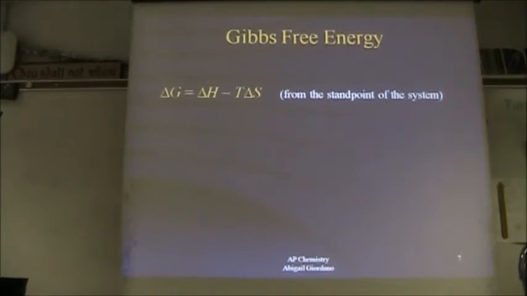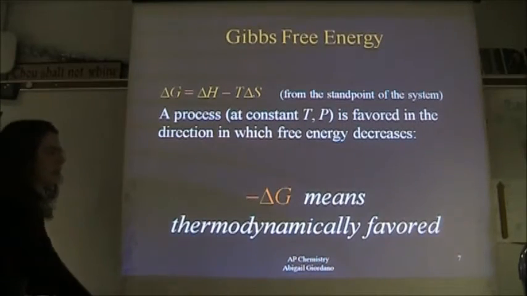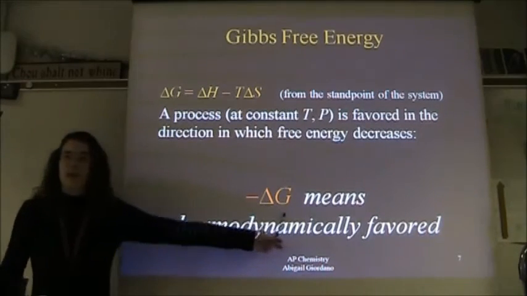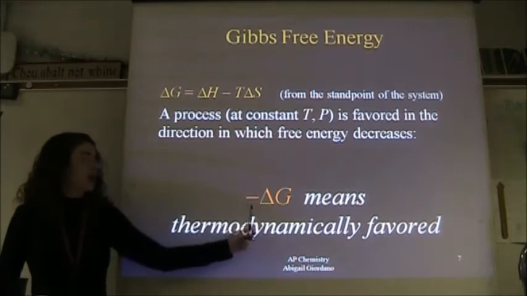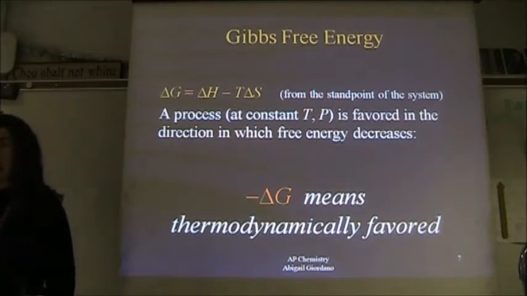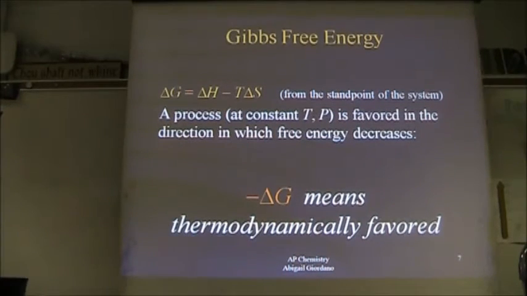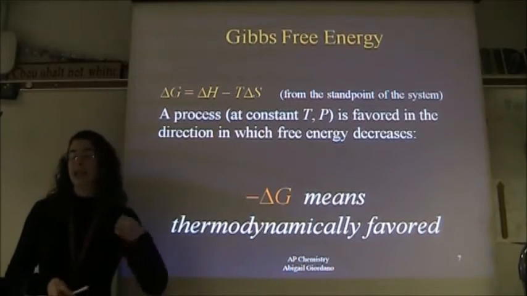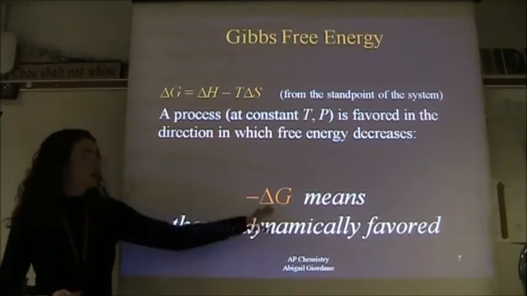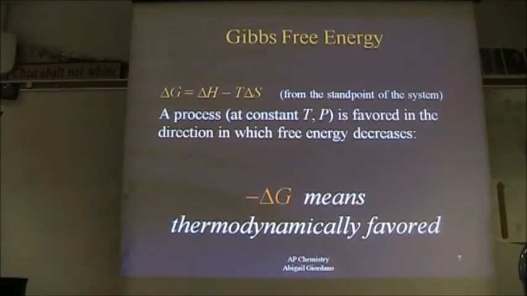And here's how you answer that question. If you calculate delta G and it comes out to be negative, then that means for 100% certainty, yes, this process is thermodynamically favored. If delta G comes out to be positive, then the answer is no, it is not favored.